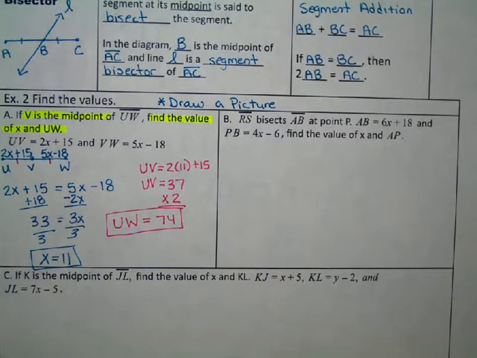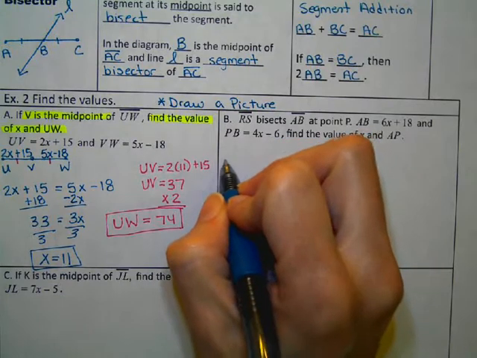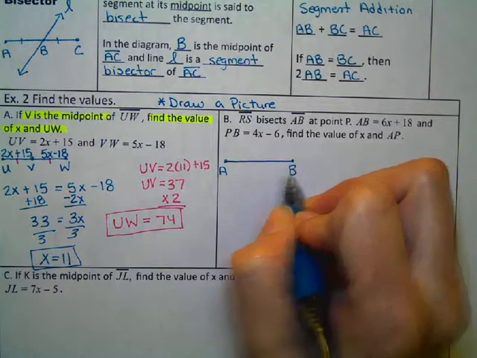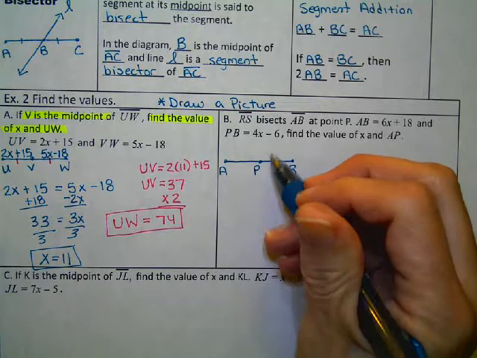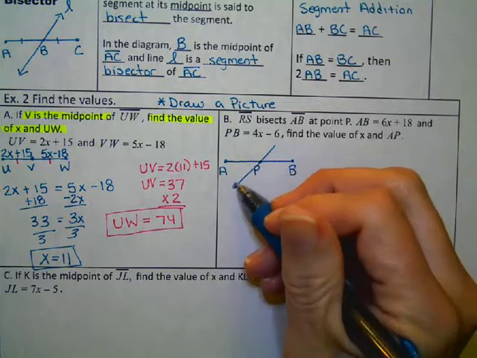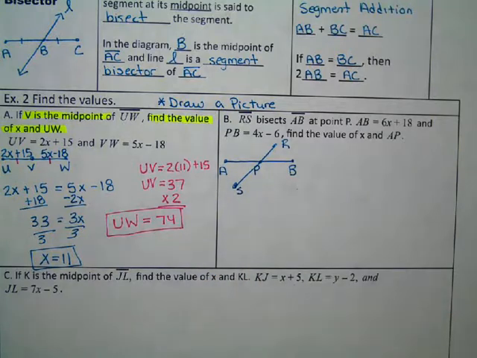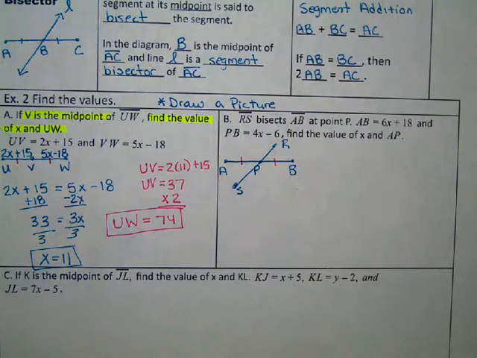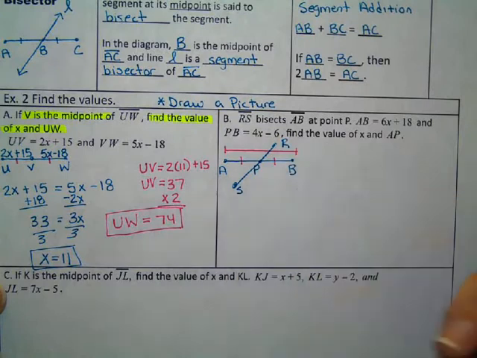Alright, this one says RS bisects AB at point P, bisecting AB at point P. Says the whole length of AB is 6x plus 18.